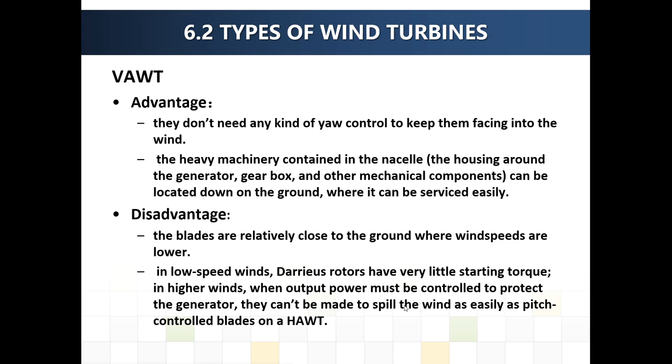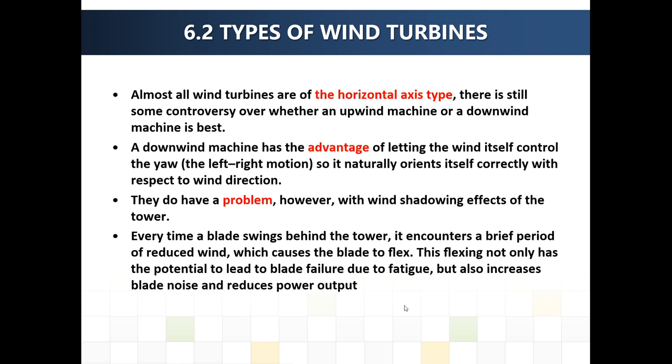In higher wind, when output power must be controlled to protect the generator, it cannot be made to spill the wind as easily as a pitch-controlled blade on a horizontal axis wind turbine. So almost all wind turbines are of the horizontal axis type.